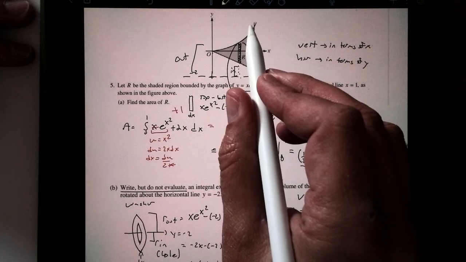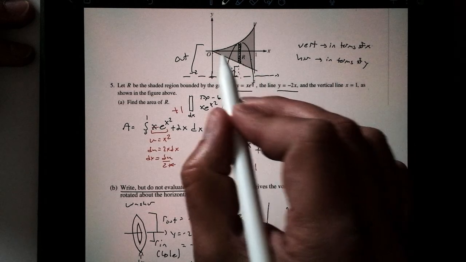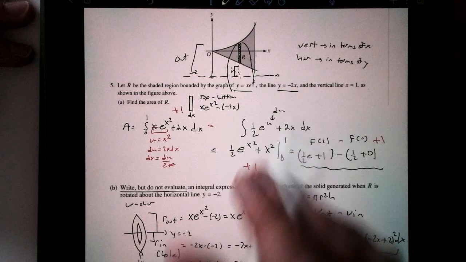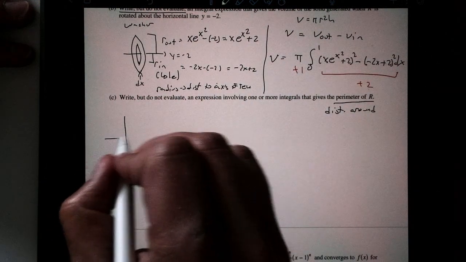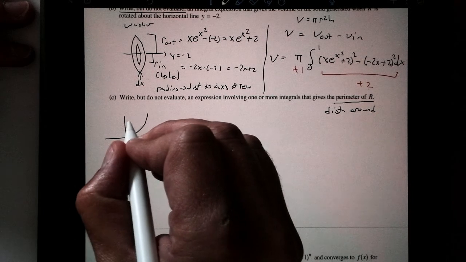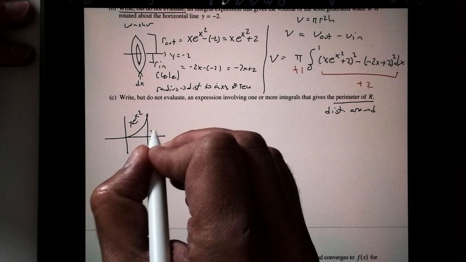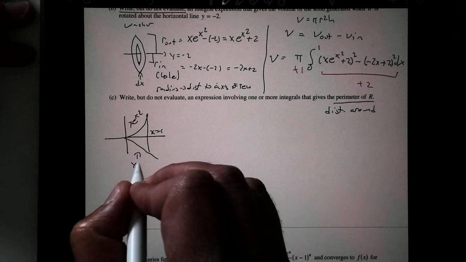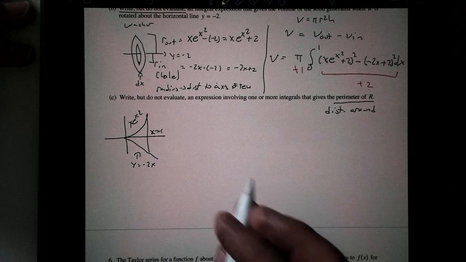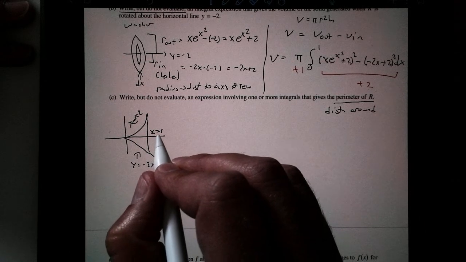We have the x e to the x squared, the line x equals 1, and the line y equals -2x. Right here is x e to the x squared. This is x equals 1, and down here is y equals -2x. So I need to find each of their lengths.